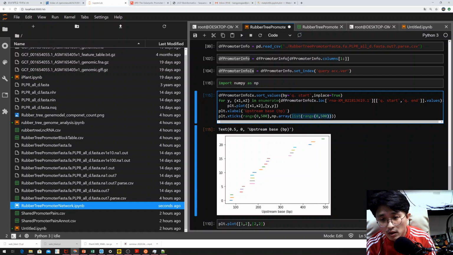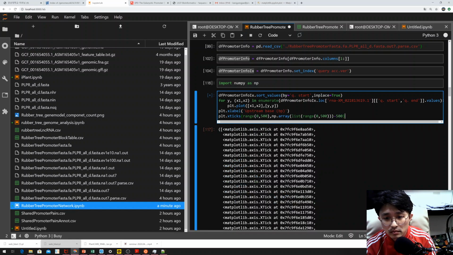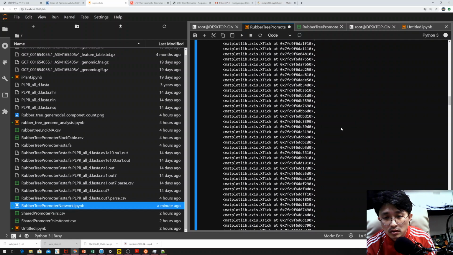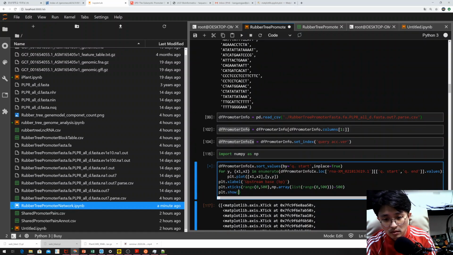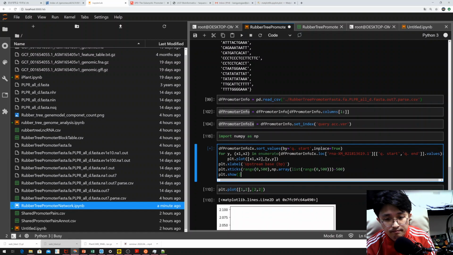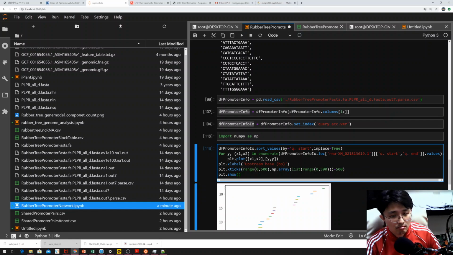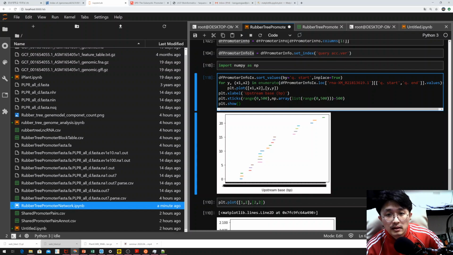So numpy array, it gives you show. x6 range.